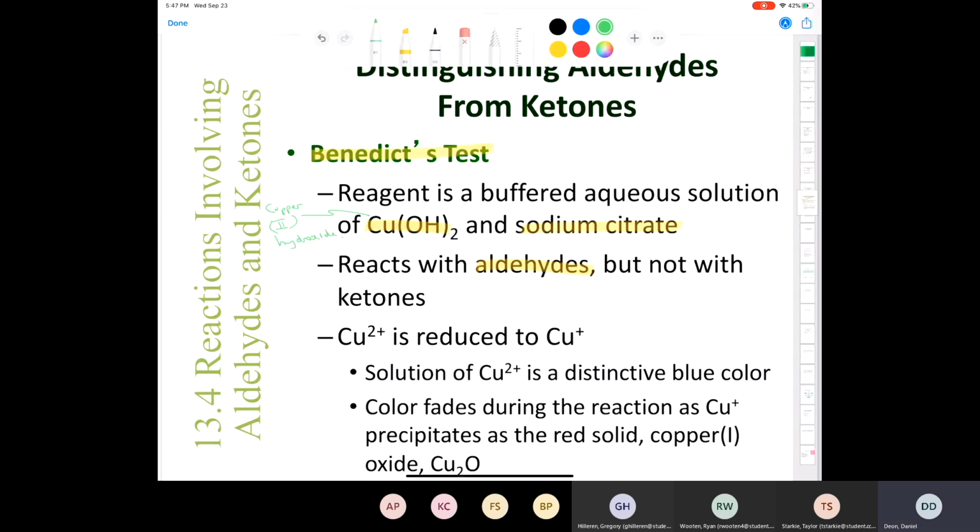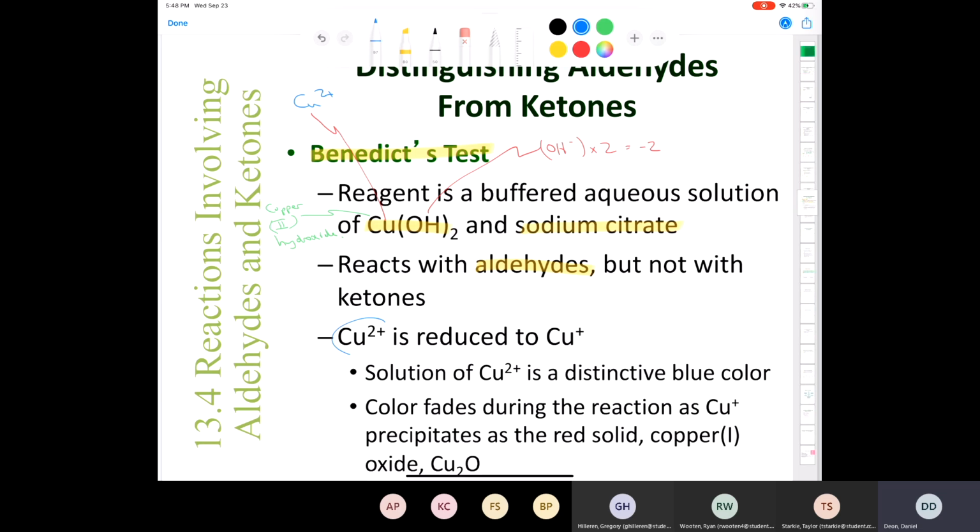Now, this is a review of Chemistry 101, but what's the oxidation state of the copper in Cu(OH)2? It's copper 2 plus. Why? Because hydroxide is -1, and there are 2 of them, so that equals a total of -2, and so you have to have copper 2 plus to balance that out. So you start out with copper 2 plus, and I shouldn't have even used that color ink, because copper 2 plus has a beautiful blue color, like Aqua Velva.